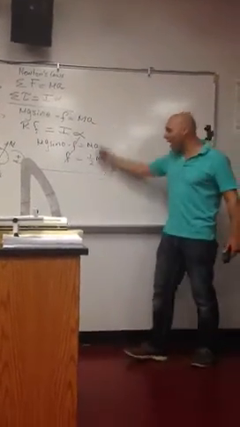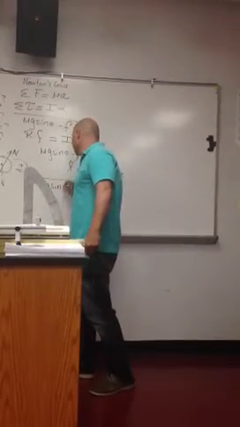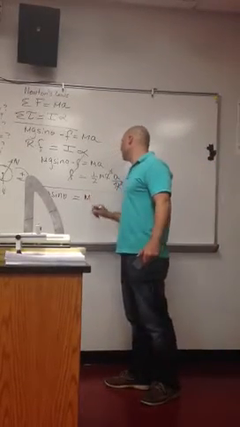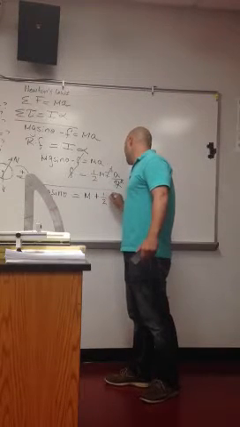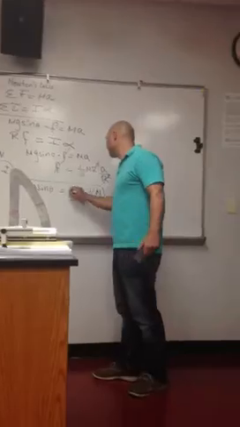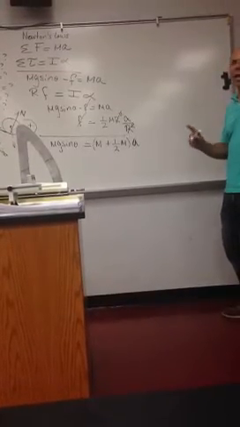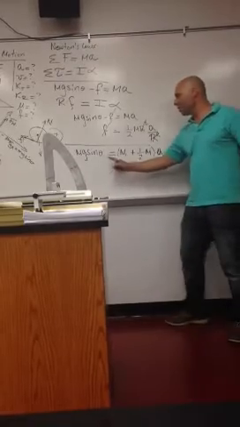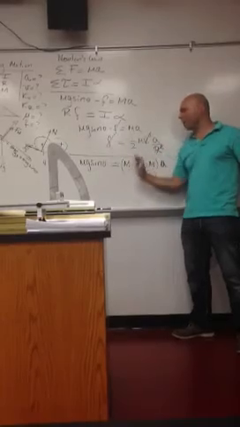And now, when I add them, I will have mg sine theta equal to m of the center of mass plus 1/2 mr squared, sorry, A. And what happened to the mass, since it's in every element? I can factor out this m, and m cancels out with m.